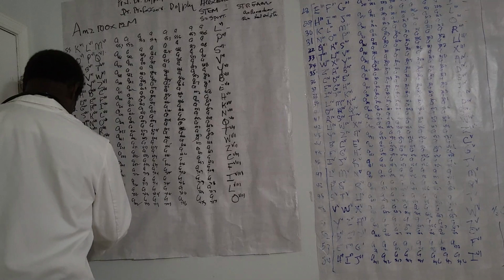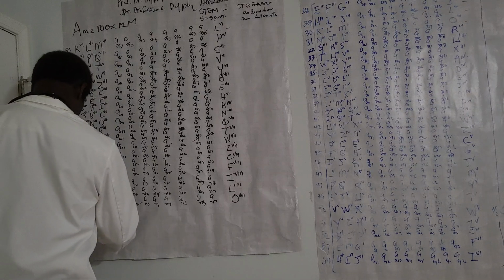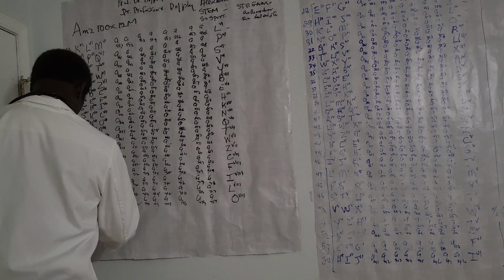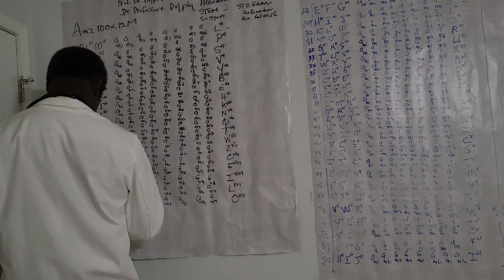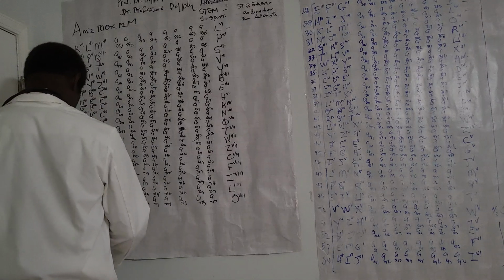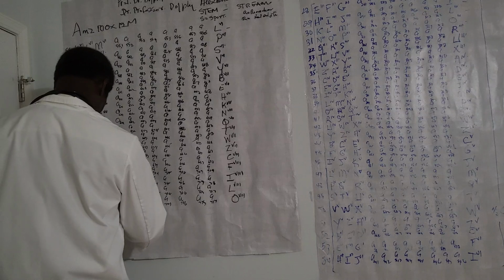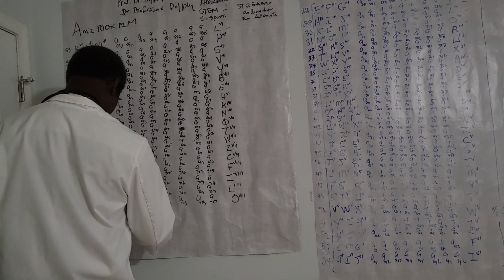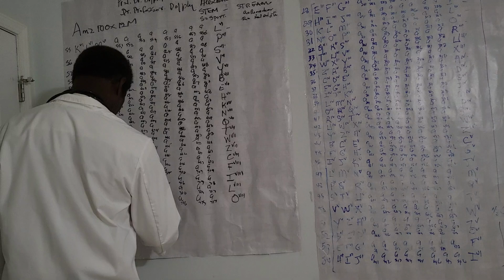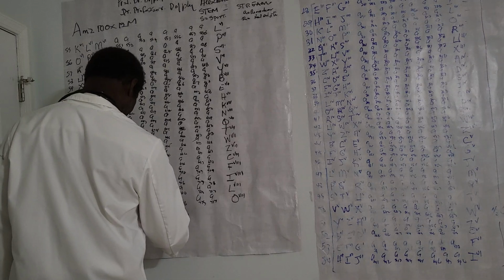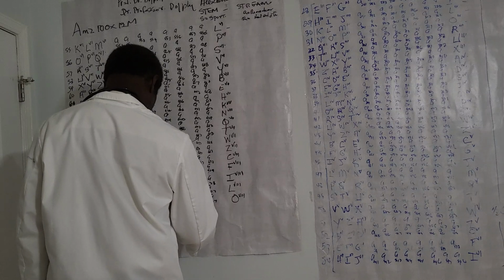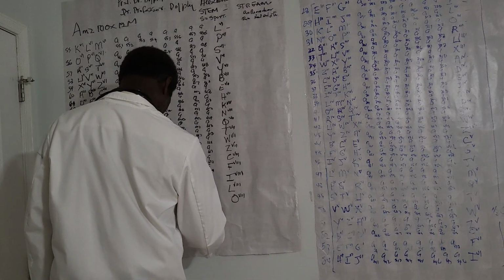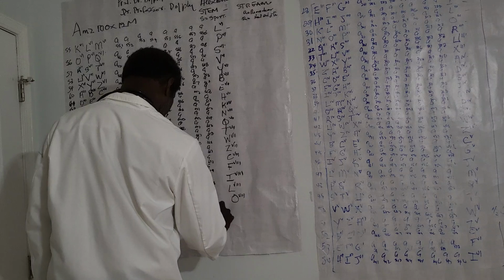Here we have N, O, P, Q, R, S, V3I, V3I, V3I, A 74 1, A 74 2, A 74 3, A 74 4, A 74 5, A 74 6, A 74 7, and A 74 8.